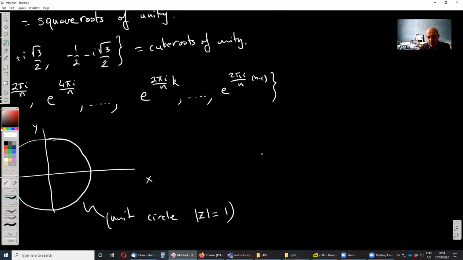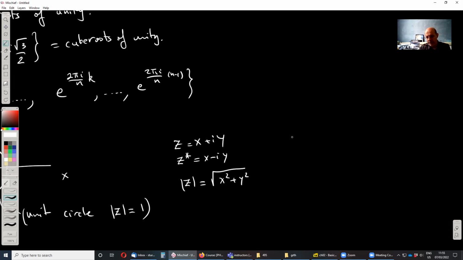All right, let me quickly go over this because sometimes people do not know what the meaning is. So you can basically write a complex number like that. I'm going to use star for expressing the complex conjugate. And the modulus is the square root of x squared plus y squared. It's essentially the distance of the complex number from 0. So that's the x-axis, this is the y-axis.